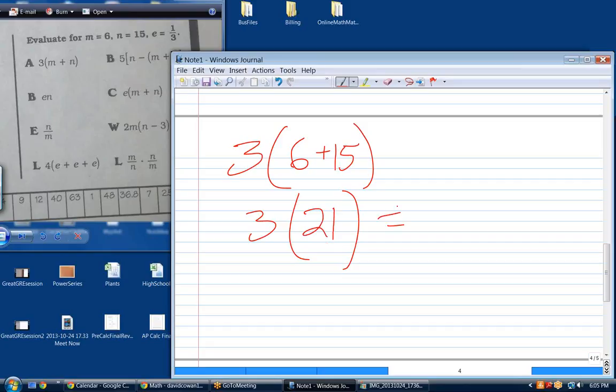Left to right. Multiply 3 times 2 and then 3 times 1. Oh, so it'd be 63.